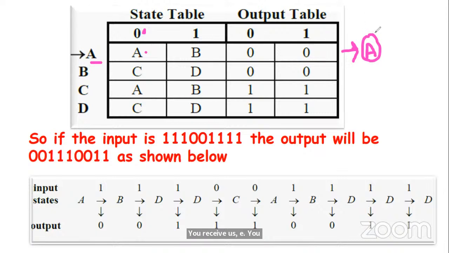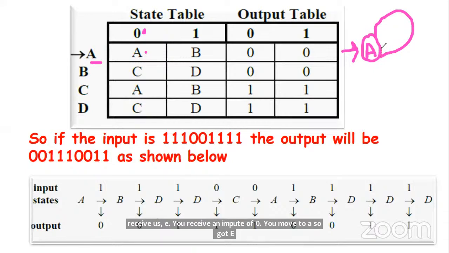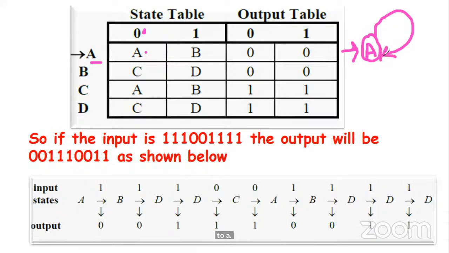You move to A. So you're at A, you receive an input of 0, and it's still pointing at A. So the input is what? 0. Then the output under A, under 0, is what? 0. So here the output for you is 0. Do you get what I've just explained?